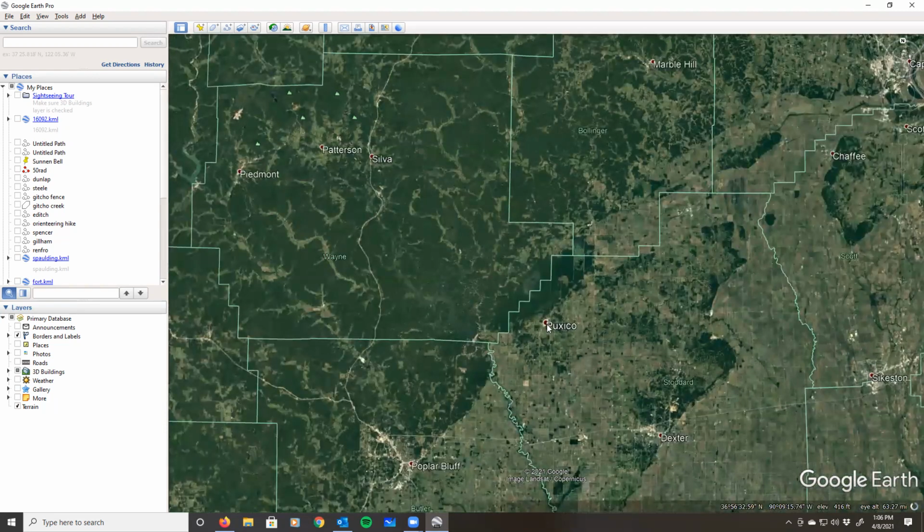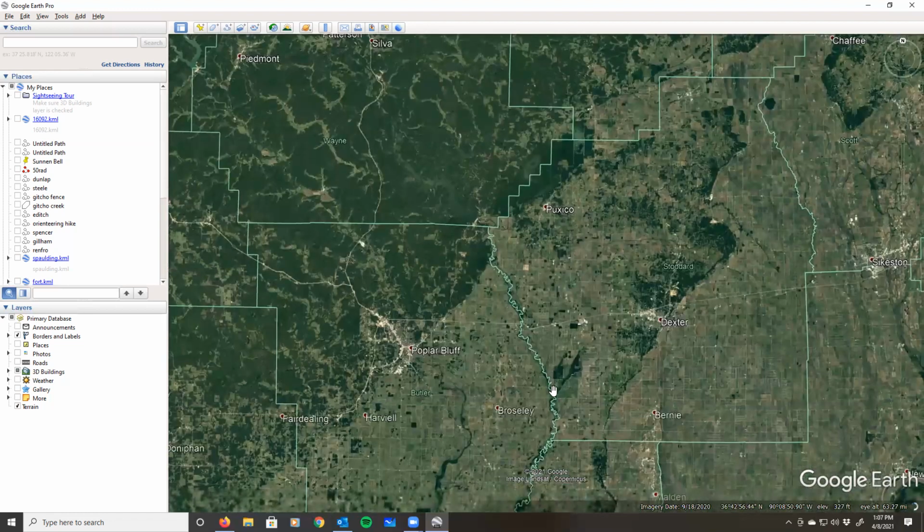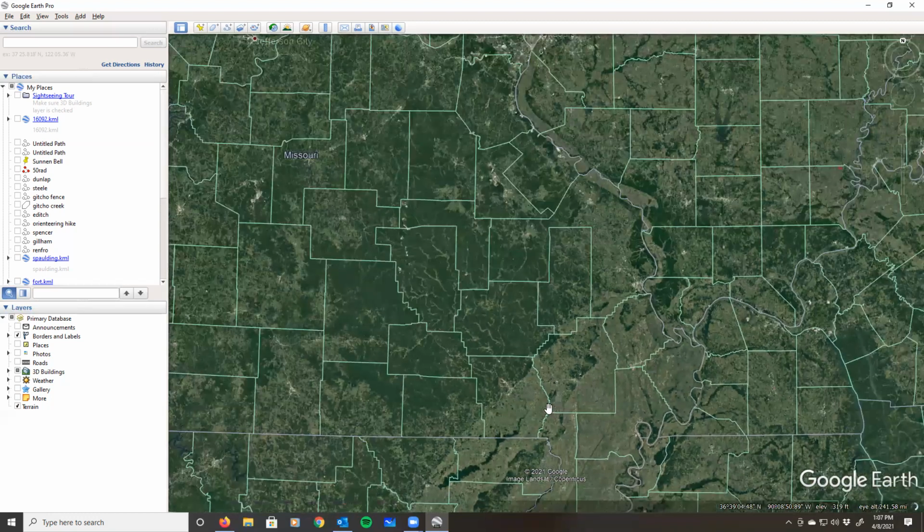So right around Brosley, Missouri, just southeast of Poplar Bluff, is where the Illinois coordinate system is based from. Now, it's just a random point.